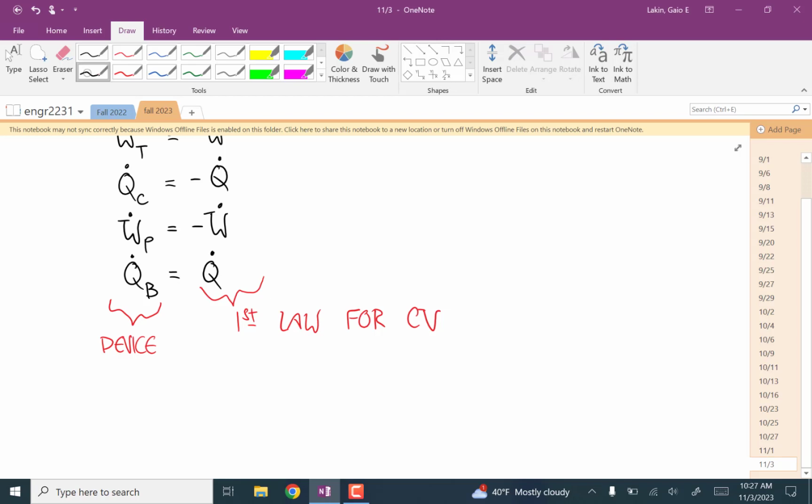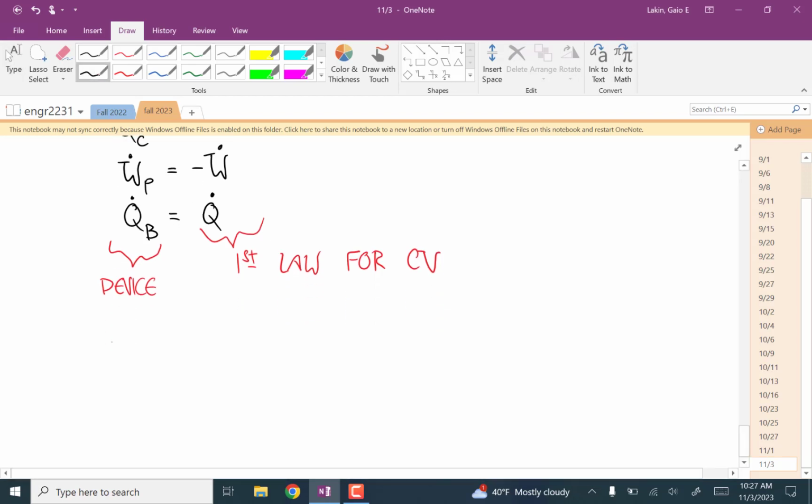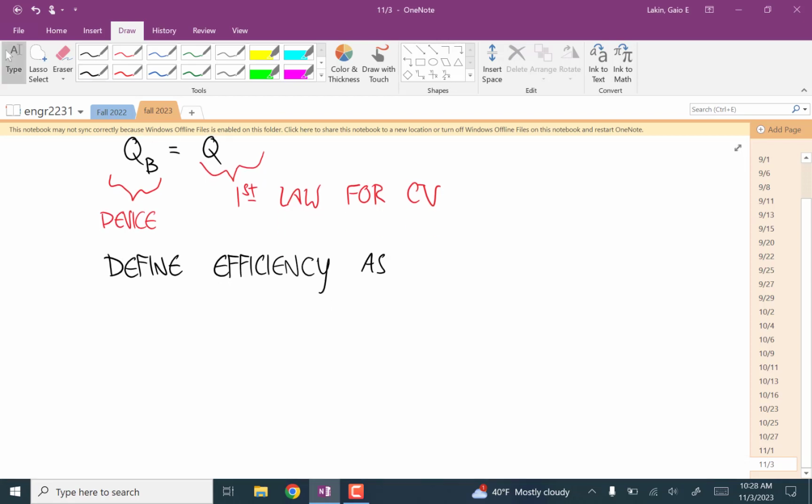So we're going to define the efficiency as the work we get out at the turbine minus the work we have to put into the pump. We didn't have that before. Divided by the heat we have to add at the boiler.